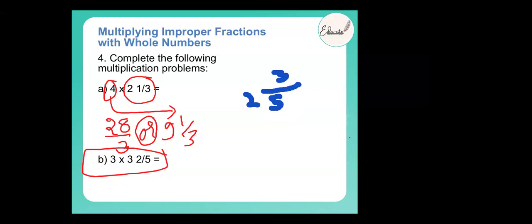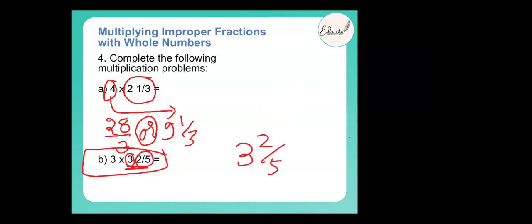No, beta, it is not 2, 3 by 5, right? The question is 3, 2 by 5. Can you just see here? It is 3 and 2 by 5. This is 3 here and 2 by 5 here. So it is 3, 2 by 5, beta. 3 is a whole number.